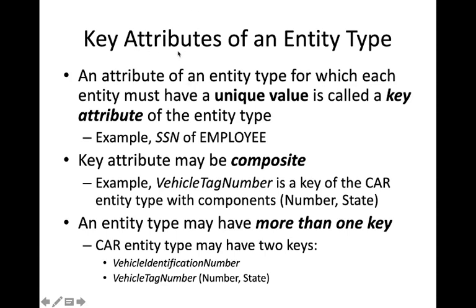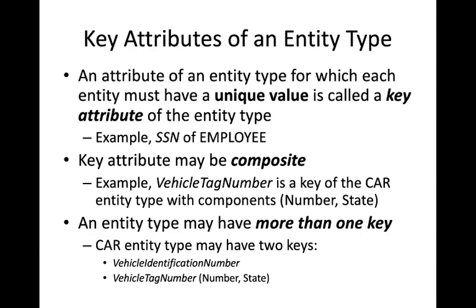The next one is key attributes of an entity type. So, an attribute of an entity type for which each entity must have a unique value is called the key attribute of that entity type. For example, social security number of an employee. If you take an employee entity type, social security number is an example of a key attribute. Or if you take a student entity type, you have your admission number.